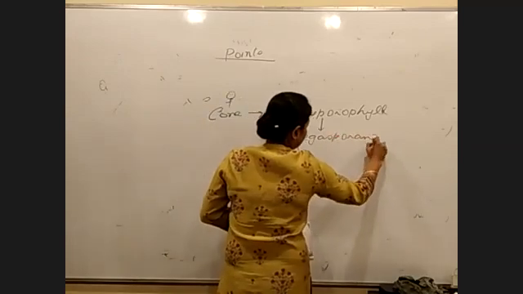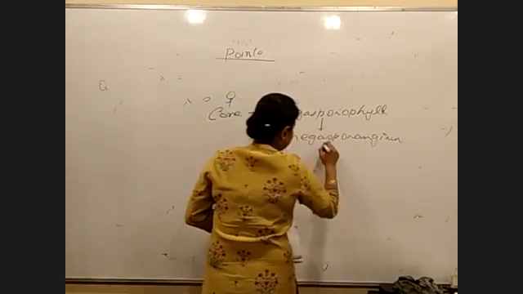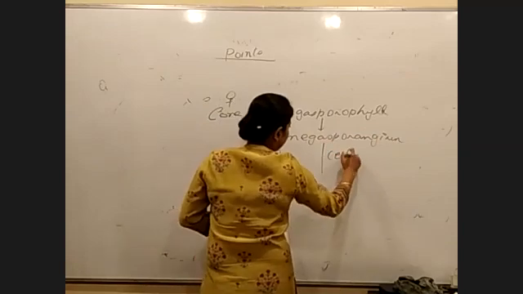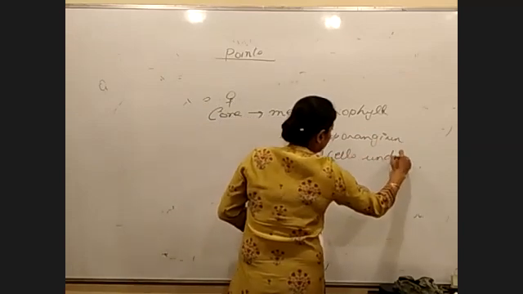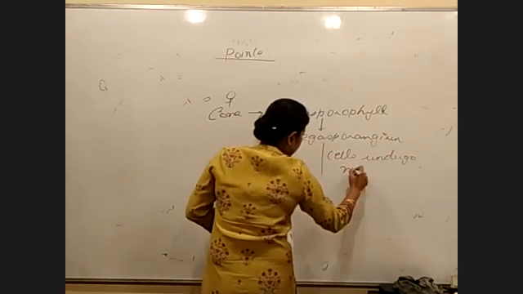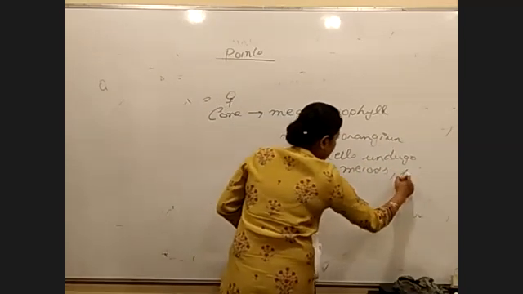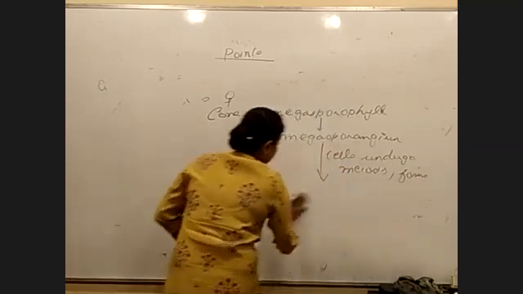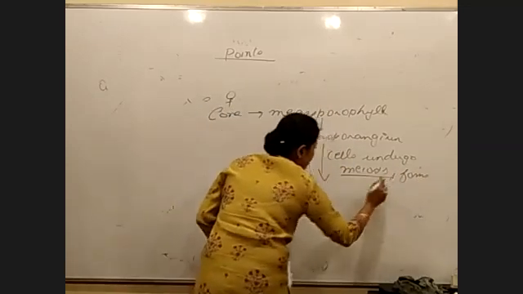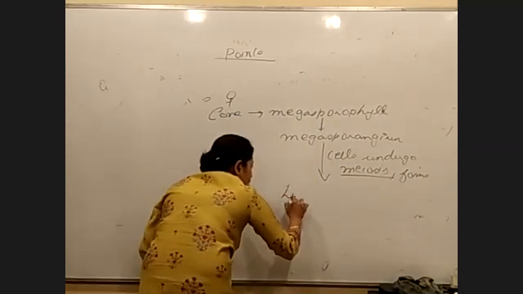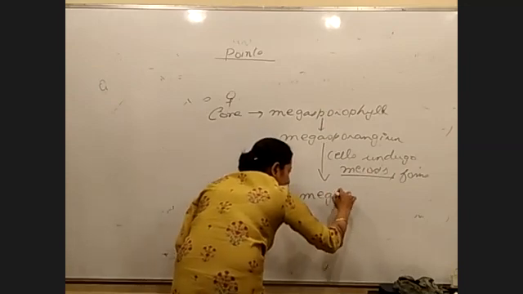What will be in the megasporophyll? Megasporangium. The cells of the megasporangium undergo meiosis. After undergoing meiosis, they form 4 megaspores.